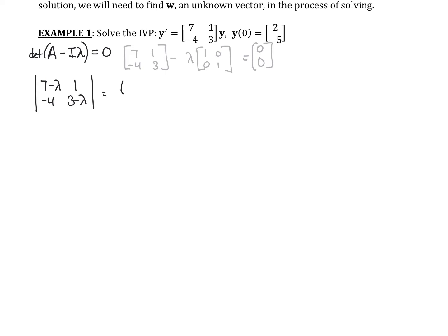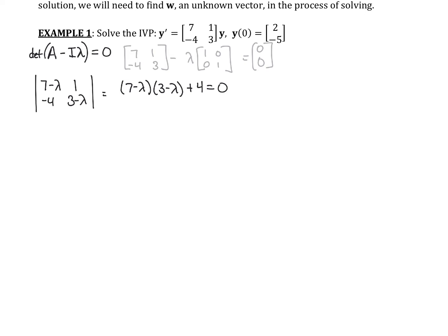And the determinant is 7 minus lambda times 3 minus lambda, minus negative 4. And that determinant needs to equal 0. So that's my goal. Skip the intermediate step and go straight here. And I'm going to show you one other shortcut as well here in just a second. If you find value in it, use it. If not, that's okay.